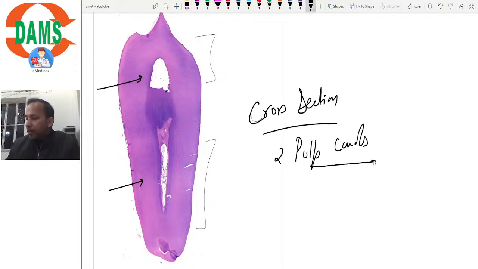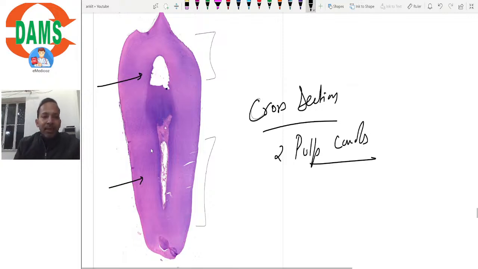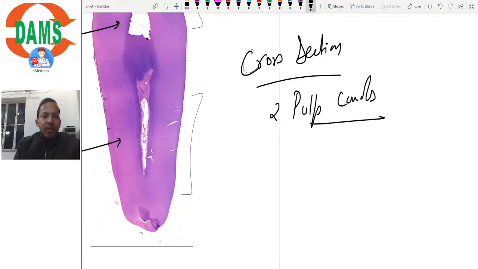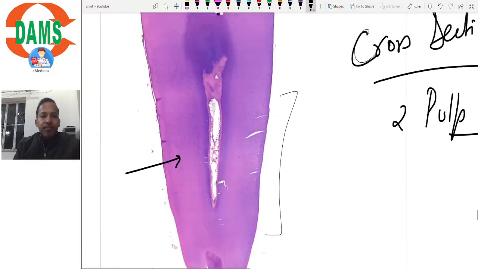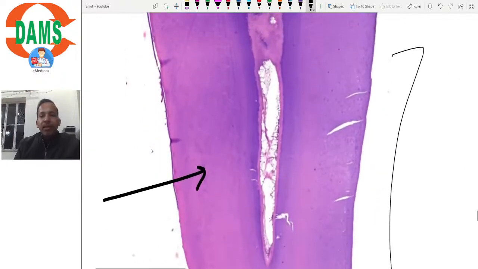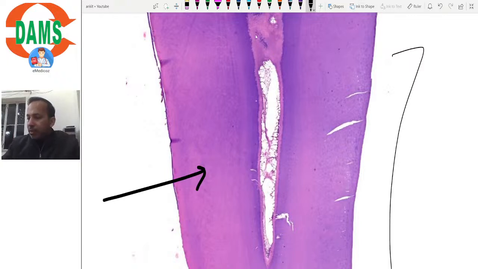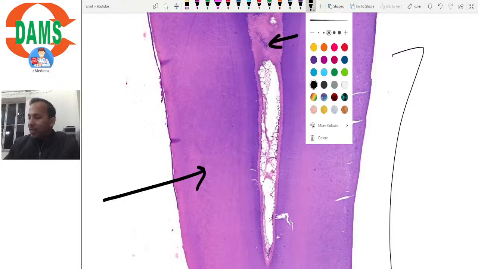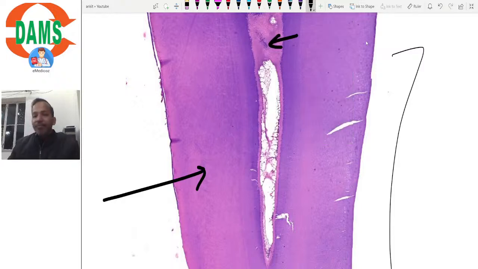So after I have told you this much, can you identify this light pink tissue that is encircling this entire pulp canal?